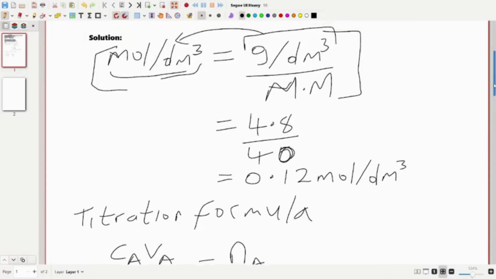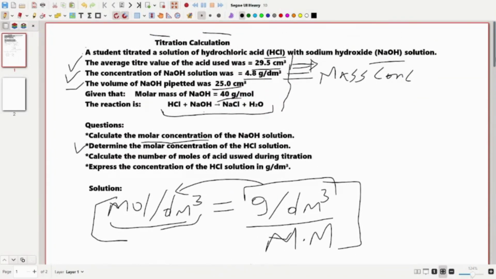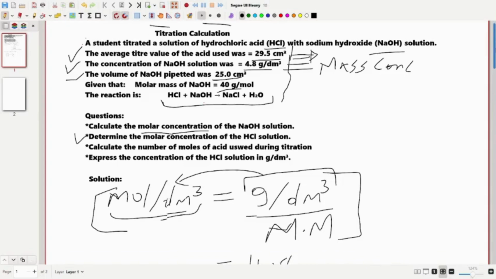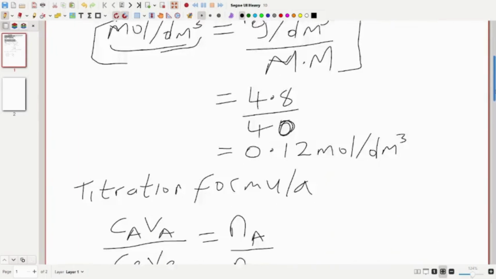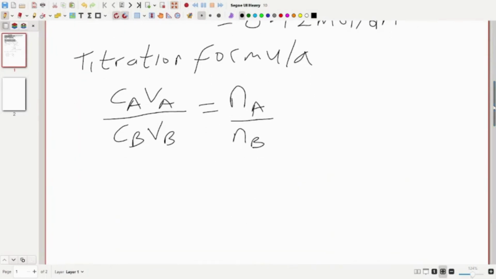So anytime you have little information to go on about one of the components of your titration, always resort to the titration formula to help you find the missing piece. In this case, it's asking us for the molar concentration of the HCl. So what it's asking us to find is Ca, which we don't know.